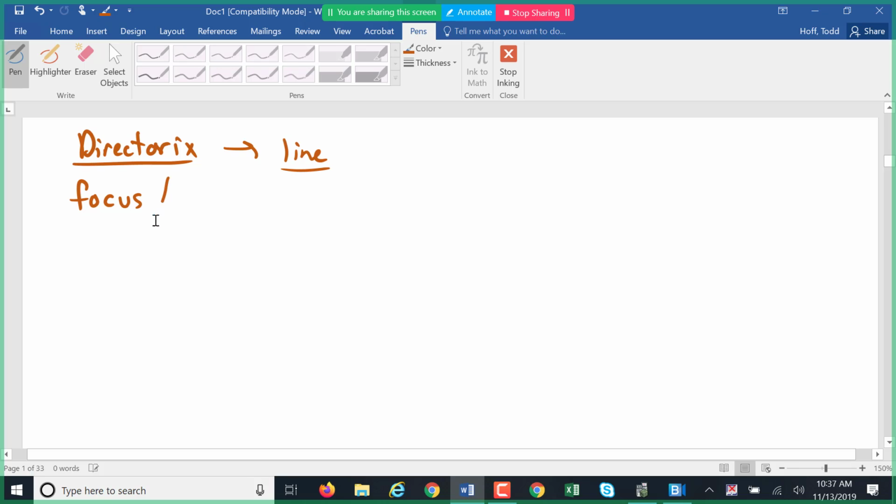Others have a focus or foci. And again, a focus, or multiple foci, is just a point that is used for reference for locating points on the conic section. And then they have axes. Usually minor and major axes.